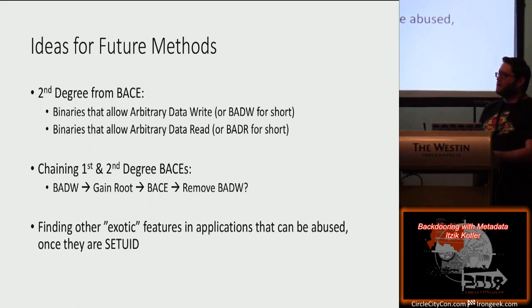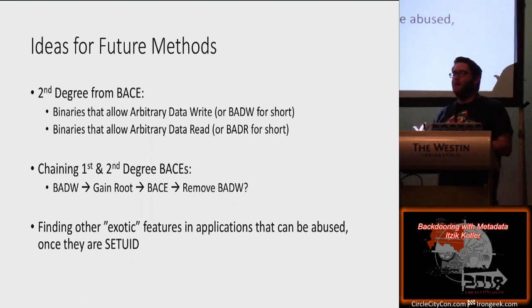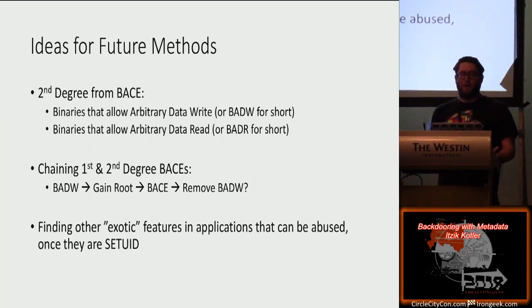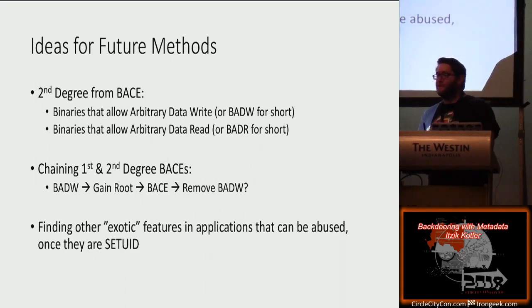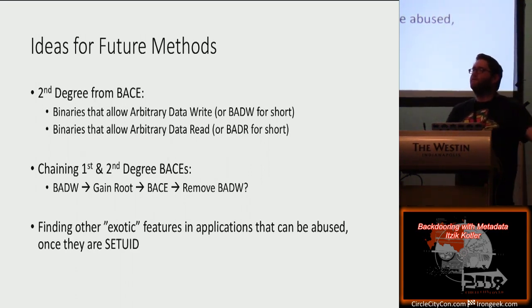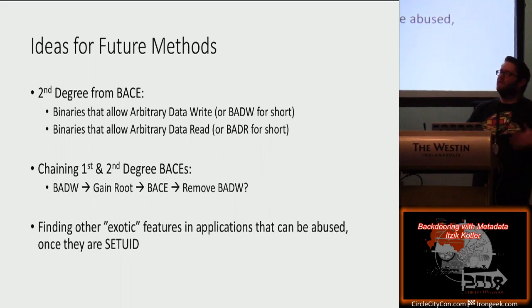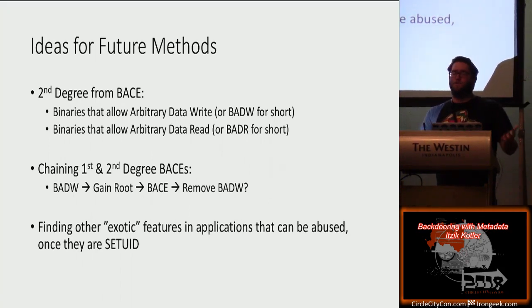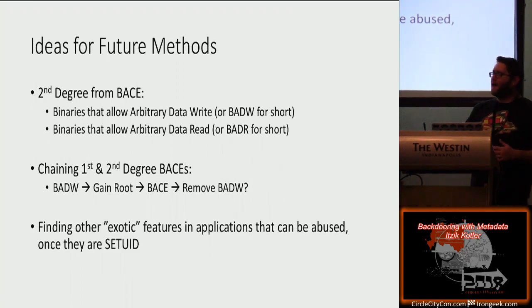Second-degree binaries that maybe won't allow us to execute our commands directly could be binaries that allow us to arbitrarily write data, and then we can use them to add ourselves into sudoers or another file and elevate to root. It could be reading information that we can use to our advantage to crack a hash, or read the password if it's in plain text, and elevate our permissions.